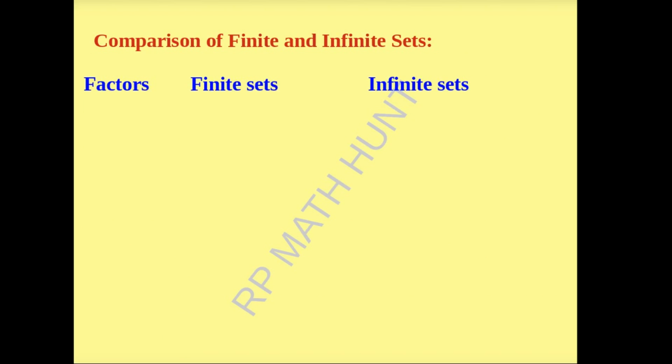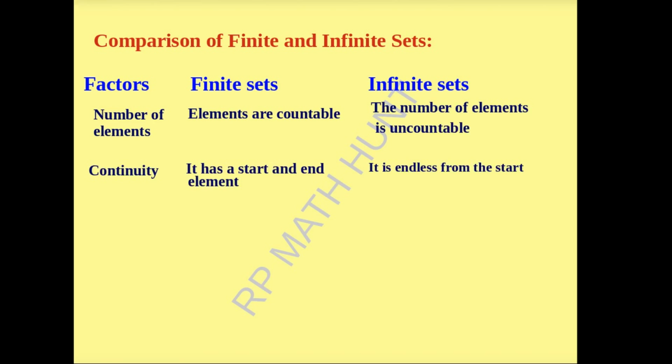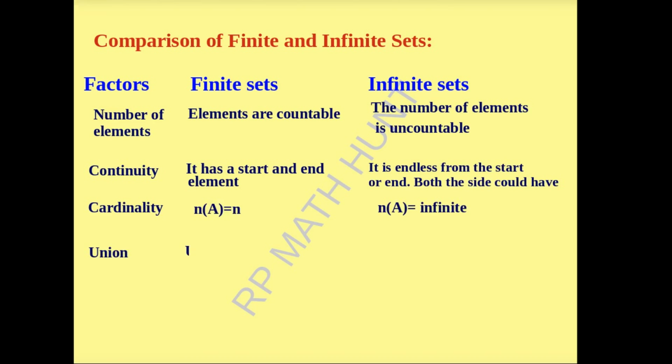Comparison of finite and infinite sets. Let us observe the factors. Number of elements: in a finite set, elements are countable, and in an infinite set, the number of elements is uncountable. As far as continuity is concerned, a finite set has a start and end element, but an infinite set can be endless from the start or the end, or both sides could be endless. Cardinality: n(A) is equal to n, we can count them, but for an infinite set, we can't count.